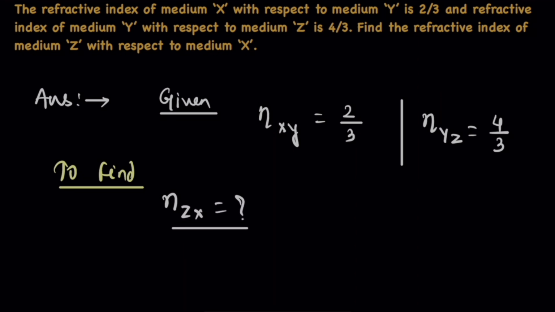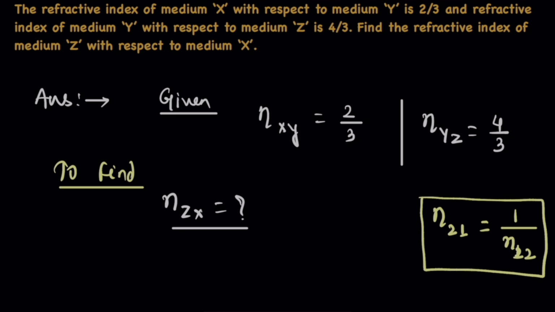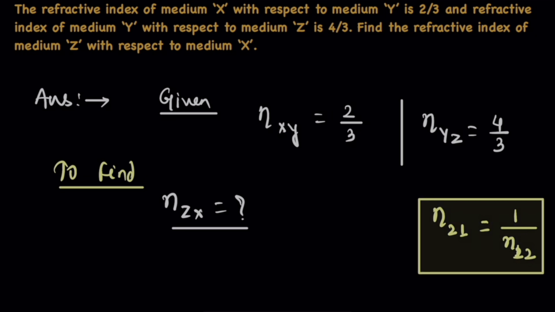So here one relation we are going to use, which is that refractive index of medium 2 with respect to 1 is the reciprocal of the refractive index N12. So it means that refractive index for medium X with respect to Y is 2 by 3.